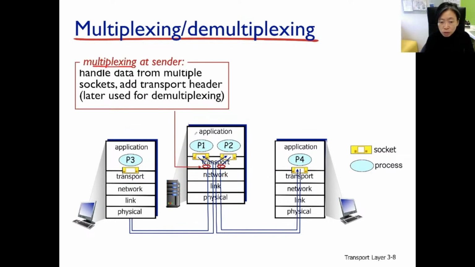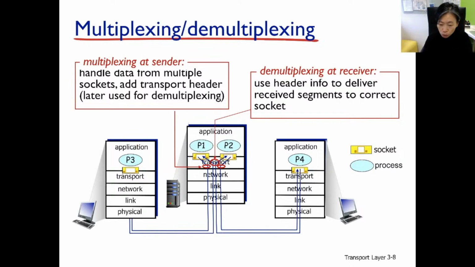So from P1 and P2's point of view, this host generating the messages is the sender. It handles data from multiple sockets or multiple processes, and adds the transport layer header, a little more information on top of these packets, so that later they can be used for demultiplexing.